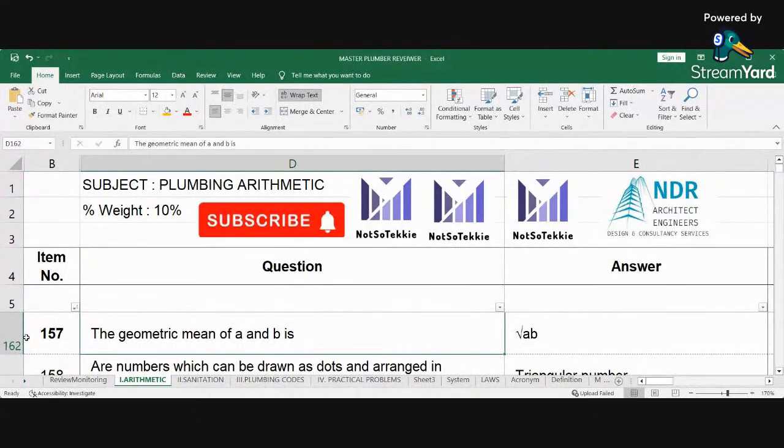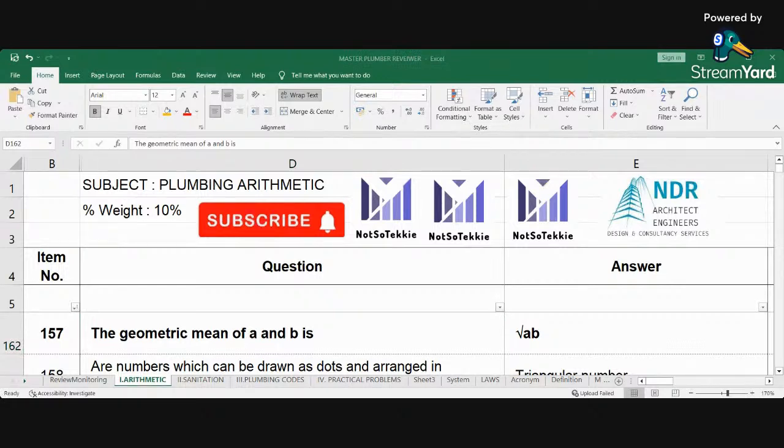The geometric mean of A and B is the square root of AB. The geometric mean of A and B is the square root of AB.